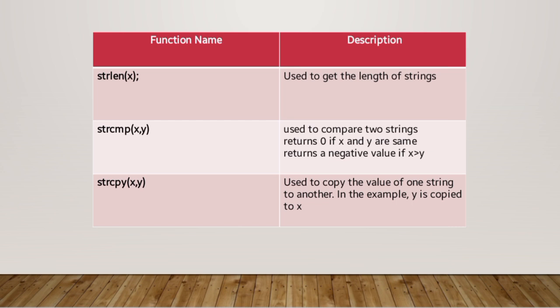So for example, if I have x equal to hello and y equal to hi, and I perform a string copy function taking in x and y as my parameters, then what it is actually going to do is pick hi and store it in the memory location of x.